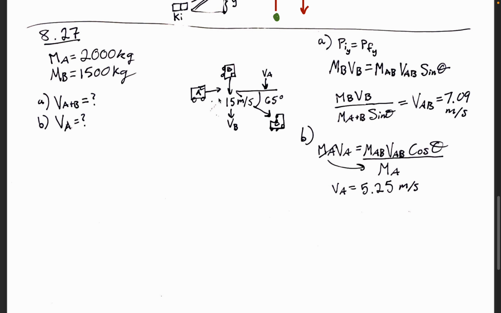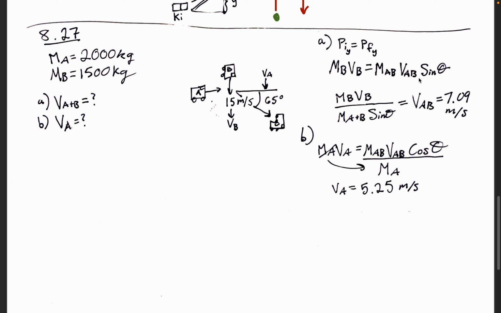For B, we have mass of B times velocity of B equals the mass of AB, this mass here, times the velocity of AB sine theta, which is this vertical component of the velocity.